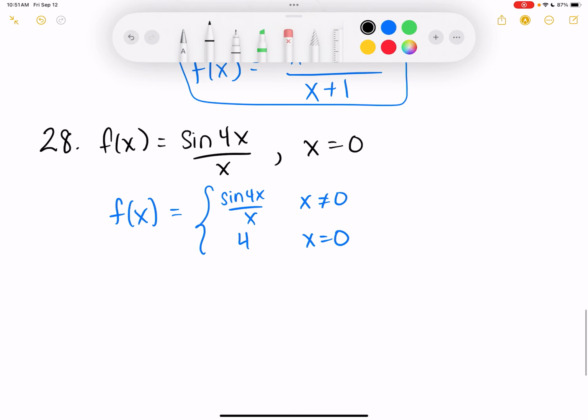All right, the last one is using Theorem 7, which is the composite of continuous functions. If f is continuous at c and g is continuous at f of c, then the composite g of f is continuous at c.